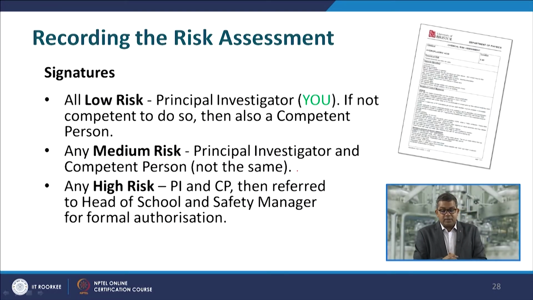For medium risk, the principal investigator and the competent person are not the same, maybe some other person will sign it. For high risk, the principal investigator, the competent person, then it is referred to a head, maybe the head of the school, the safety manager, or if it is related to the plant, for formal authorization. So, this is a legal requirement.